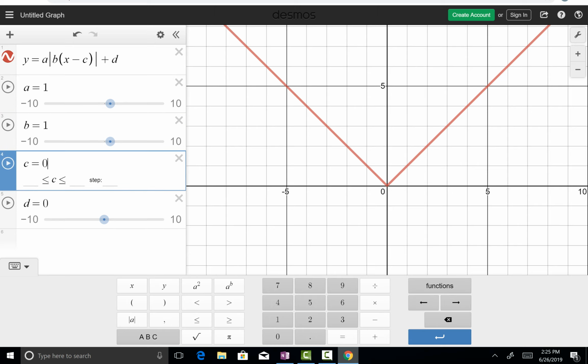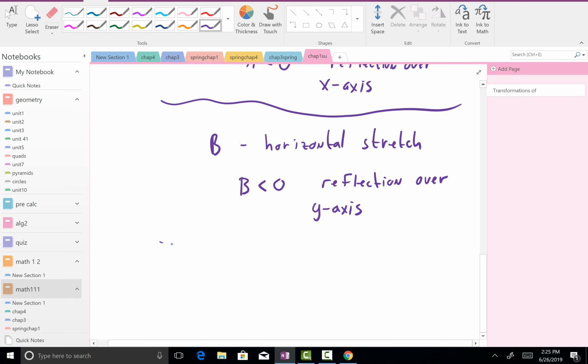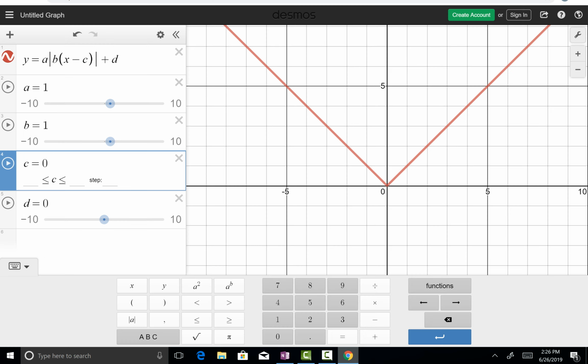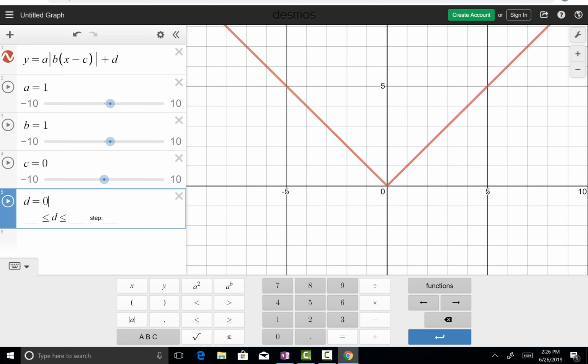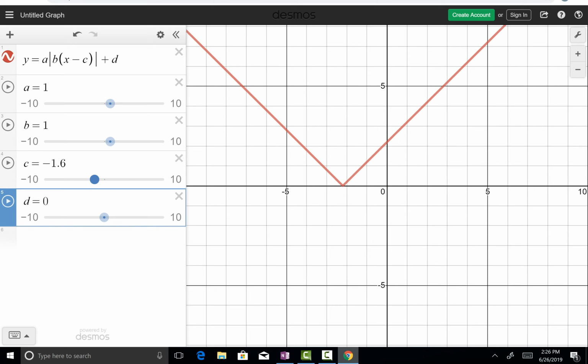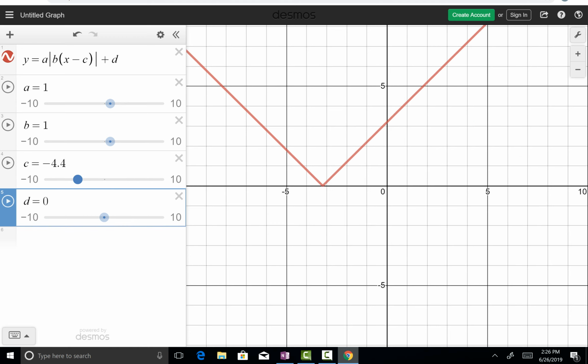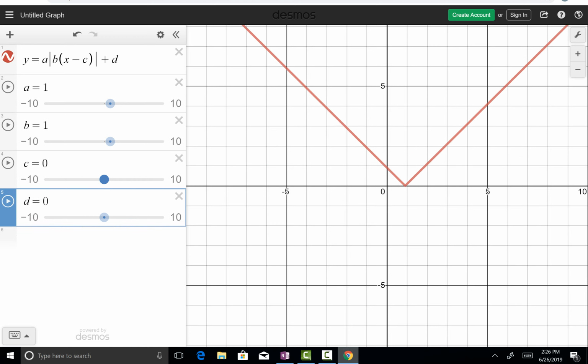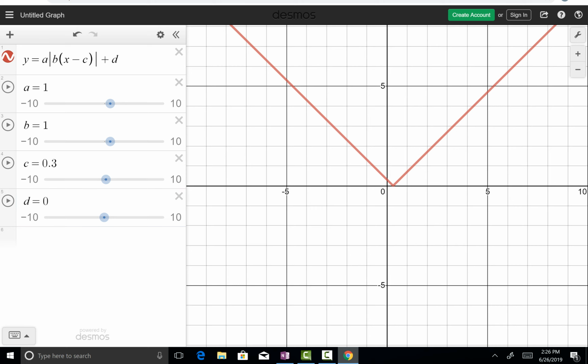There we go. Now I'm going to come down here to c. And what is it exactly that c does? We'll pause it again, gather some ideas. So hopefully you said c. If we slide c here, there we go, we're getting what we call a translation or a slide. It's sliding.